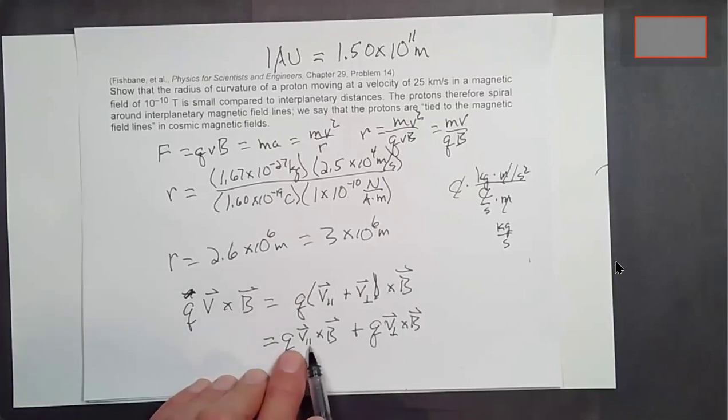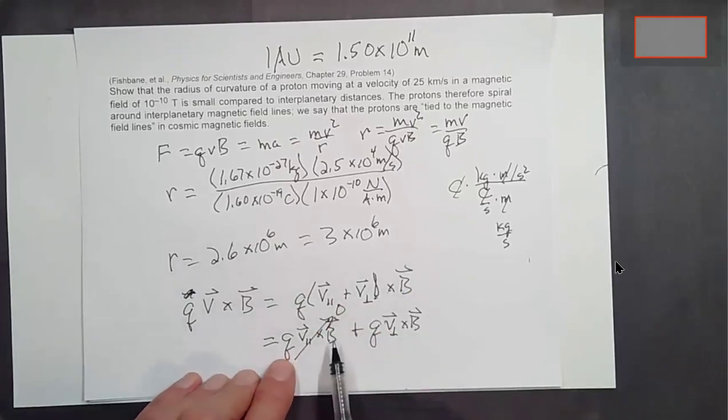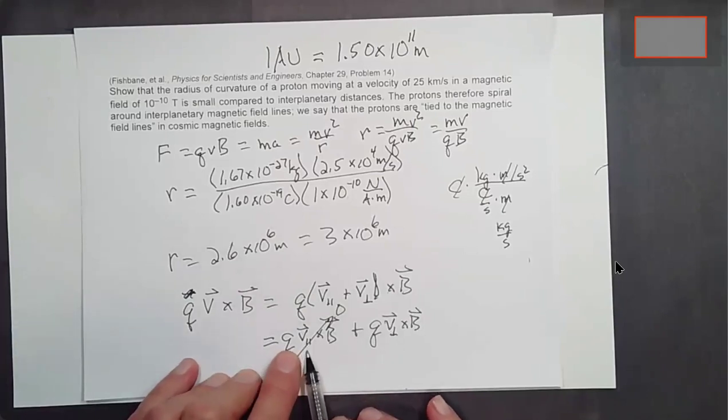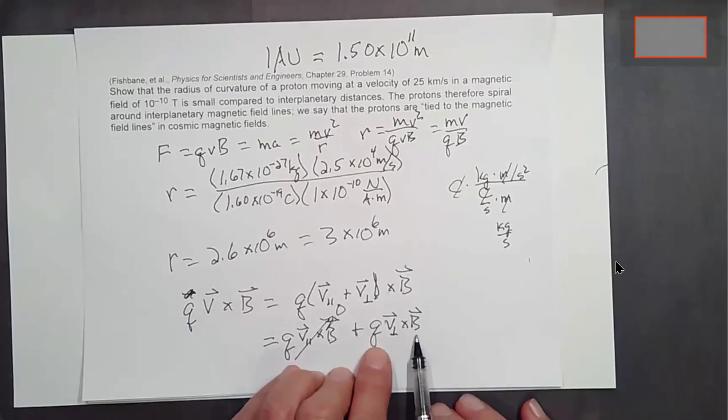Well, the angle between V parallel and B is either 0 or 180 degrees, depending on if it's parallel or anti-parallel, but this thing is 0. And so the magnetic field has no effect on this parallel velocity, but it does have an effect on this, making the thing travel in a circle.